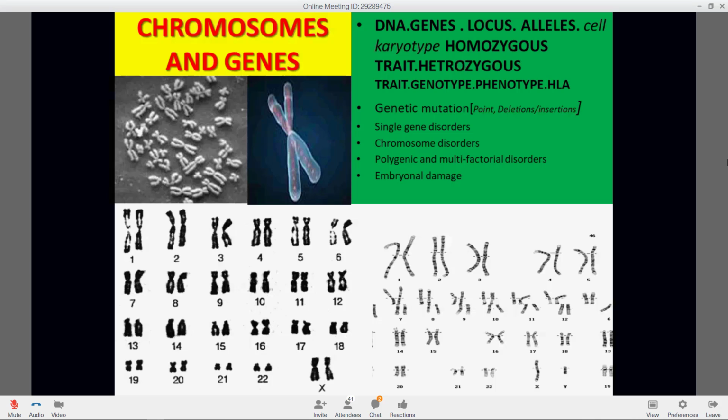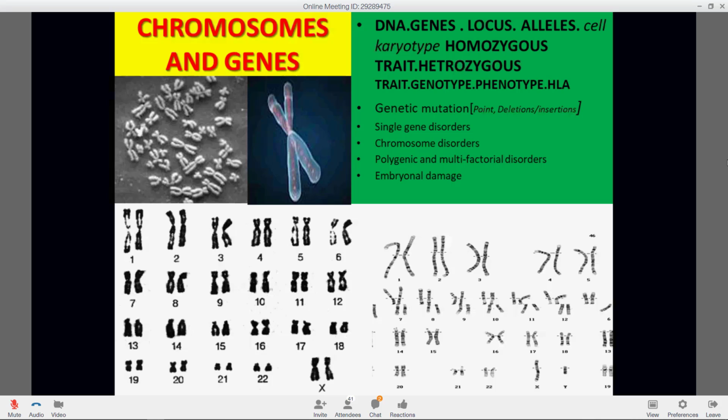Single gene disorder is when the abnormality results from one gene. Chromosomal disorders result from either duplication of the chromosomes, an extra piece of a chromosome, or an extra chromosome, or deletion of a chromosome, part of it, or total absence of a chromosome.